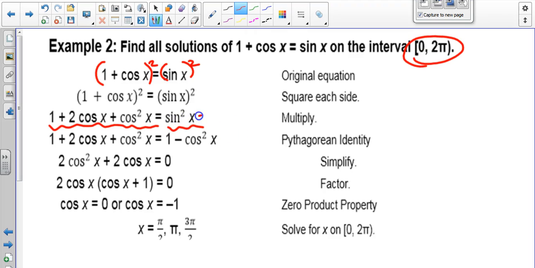Then they get rid of sine squared in terms of cosine squared, because now that everything is in terms of cosine, they can do some adding and subtracting and messing around, and then it factors something out and so on. And they get the solution where the cosine is 0 is at pi over 2 and 3 pi over 2, and cosine is negative 1 at pi, so they add 3 solutions.